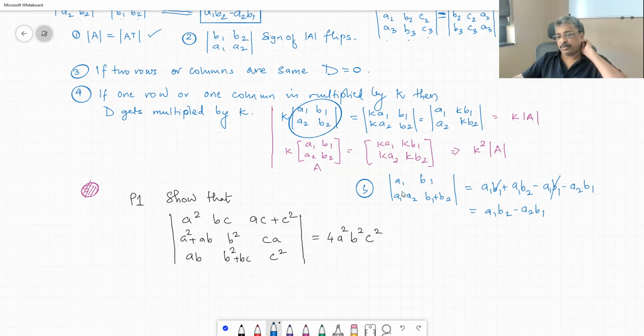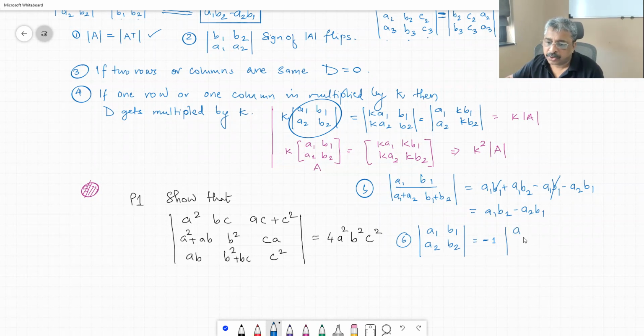So it does not matter if you keep one row or one column the same, and if you add two rows or two columns, we don't have any problem. Now yet another property. Take a1 b1, a2 b2. We take minus 1 common out from the first row and add it to the second. So a1 b1 and a2 minus a1, b2 minus b1. Do you understand what we have done?